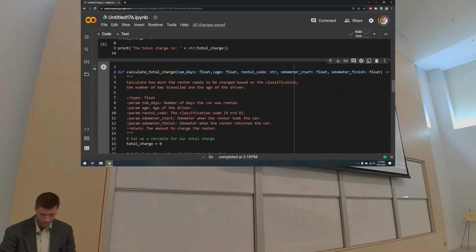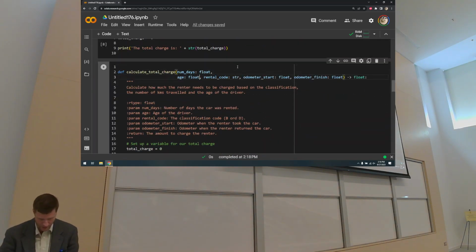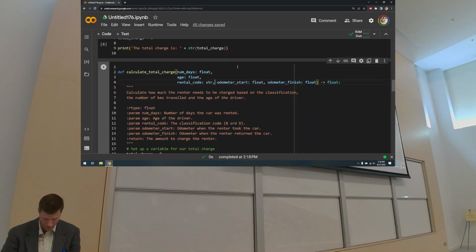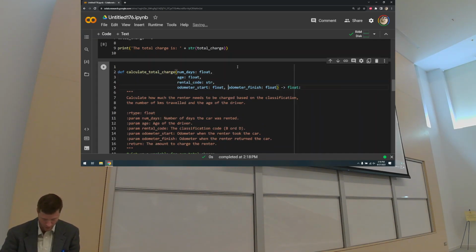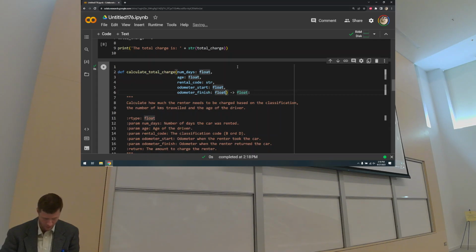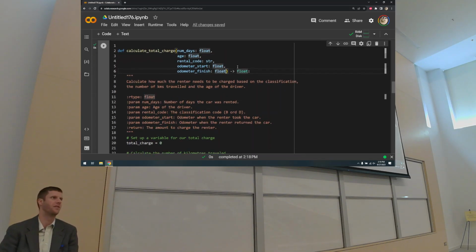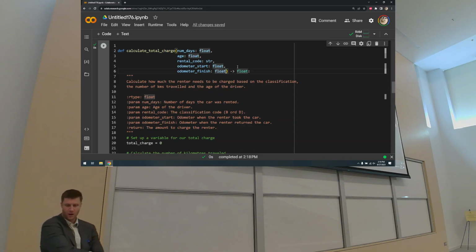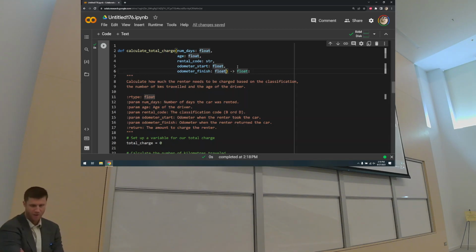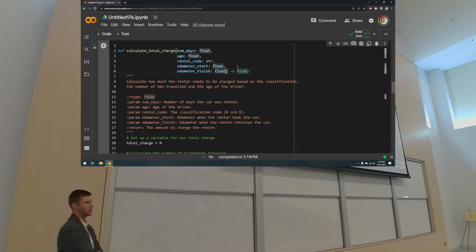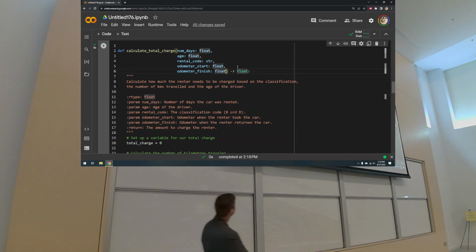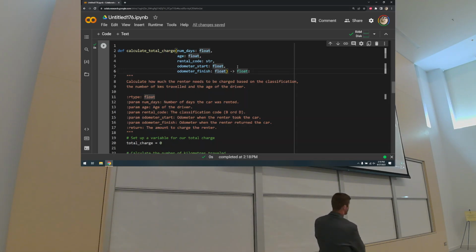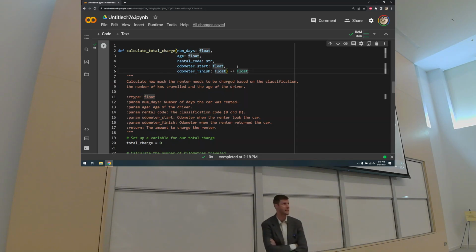Well, here, for the sake of readability, by the way, Python will be fine with this if you break down the parameter list to be on multiple lines if it was too long. This function takes 1, 2, 3, 4, 5 parameters: number of days, age, rental code, odometer start, odometer finish. Good, because we're definitely going to need these things for the calculation.